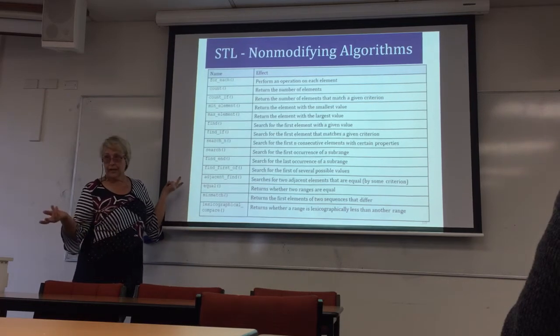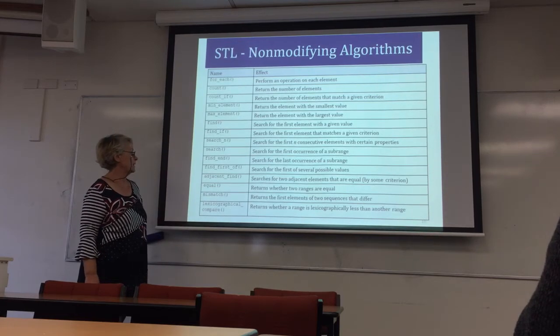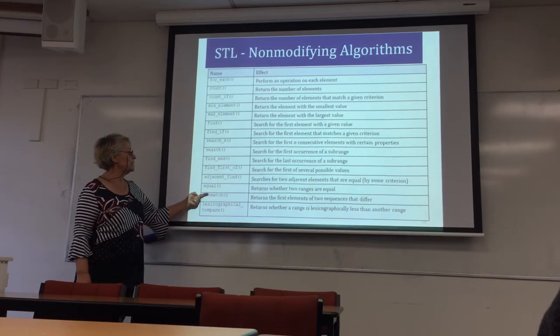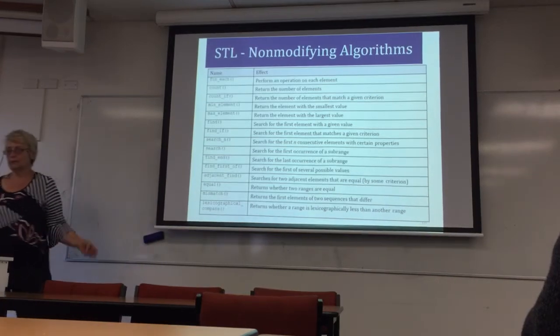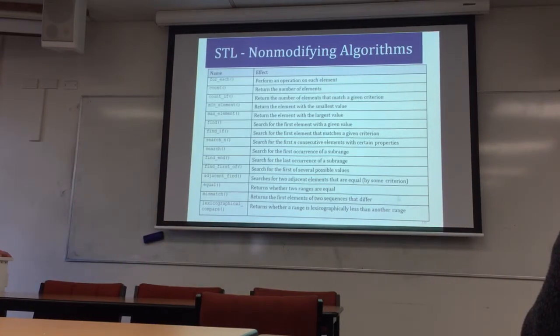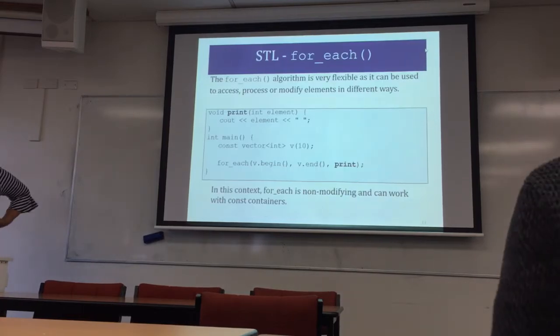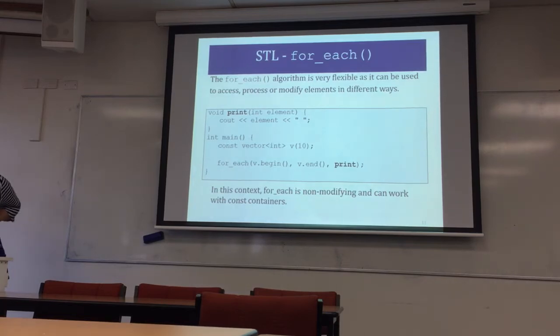Two ranges are equal, when two sequences differ, lexicographical compare, so you can compare based on ASCII table. As you can see, a lot of them are there, but how to use them is a different story.